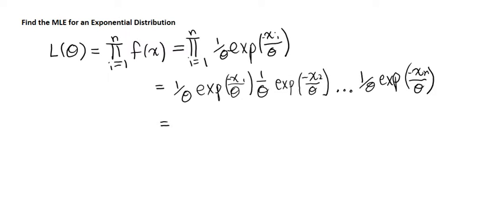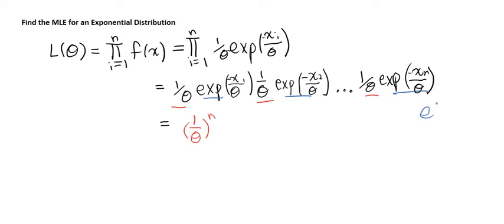We can simplify this even further, where you see we have 1 over theta times 1 over theta times 1 over theta, n times. That turns into 1 over theta to the power of n. We also have these exponentials.